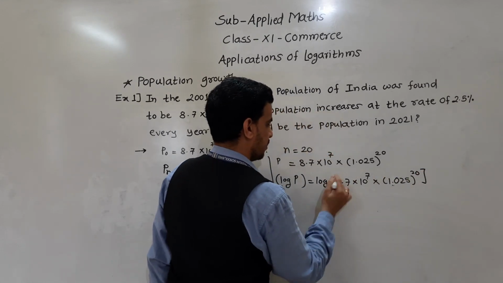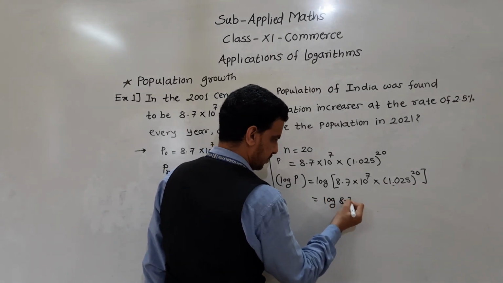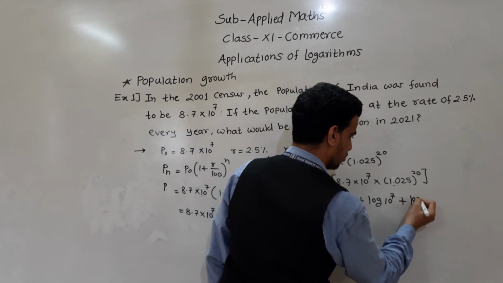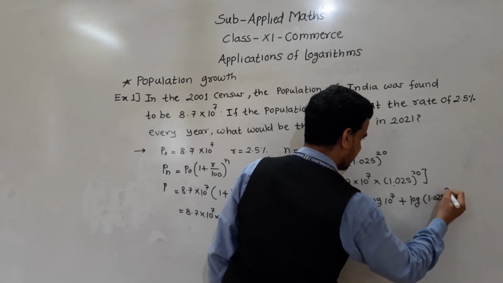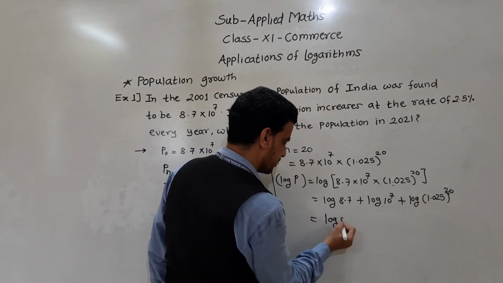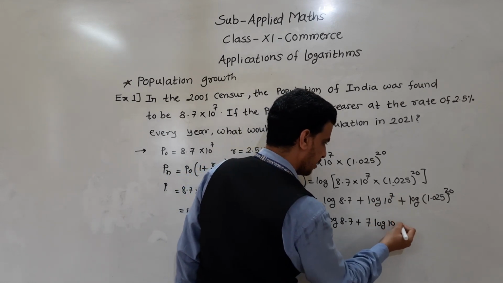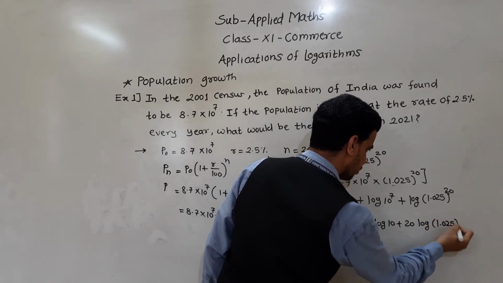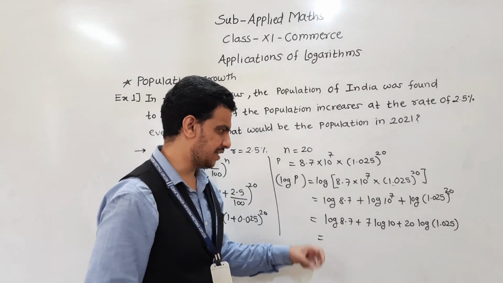Since it is multiplication, we write log of 8.7 plus log of 10 raised to 7 plus log of 1.025 raised to 20. So log of 8.7 plus 7 log 10 plus 20 into log of 1.025. Now we have to find the log of all these numbers and then take the antilog.